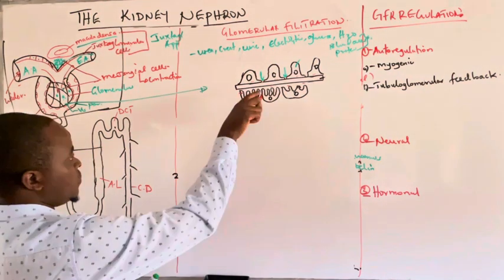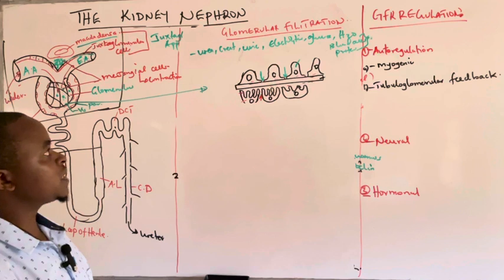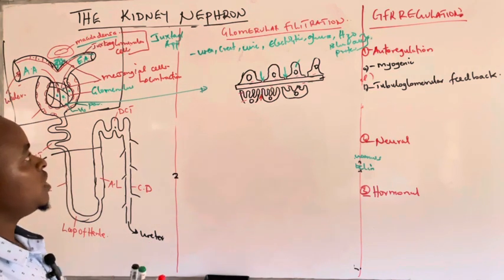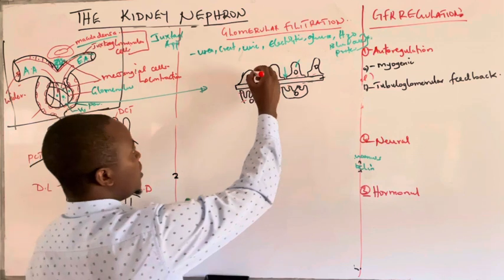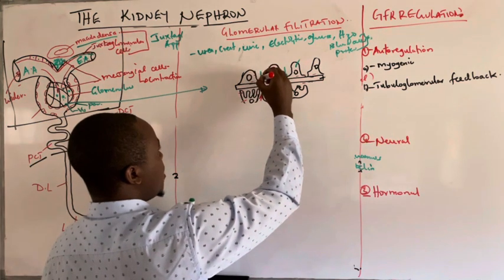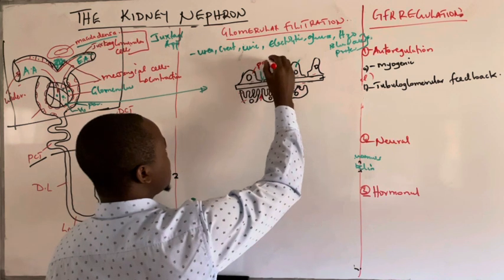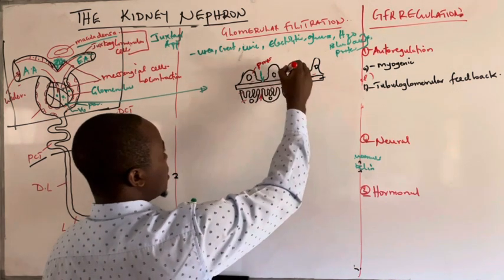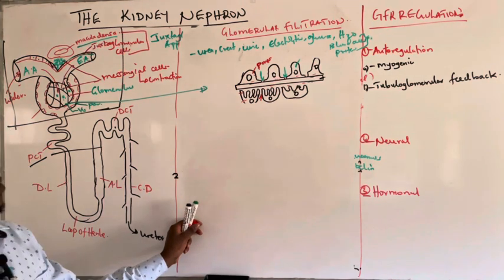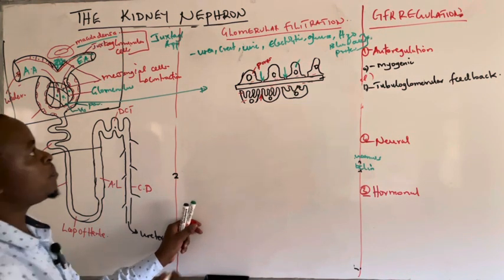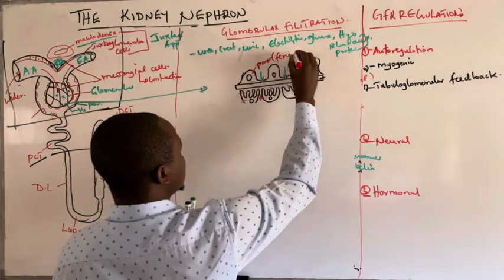And when it reaches the glomerulus, we see this blood containing all these materials is going to be filtered. This glomerulus contains simple squamous epithelia, and this simple squamous epithelium has small pores. These are the small pores within the endothelium of the glomerulus, and these pores are what we call fenestrations.